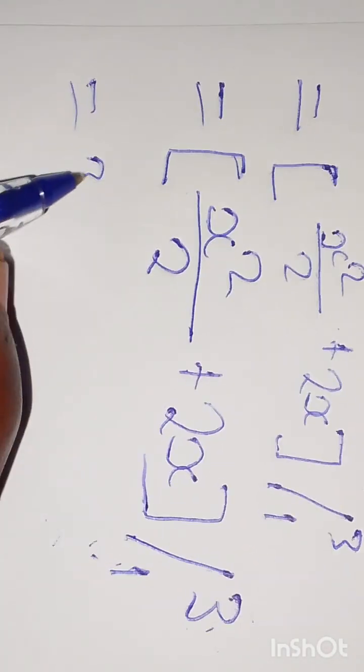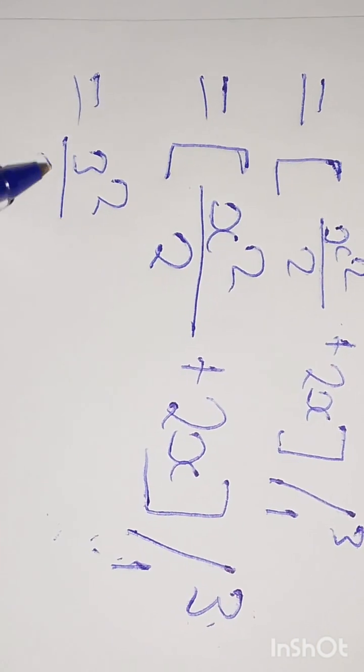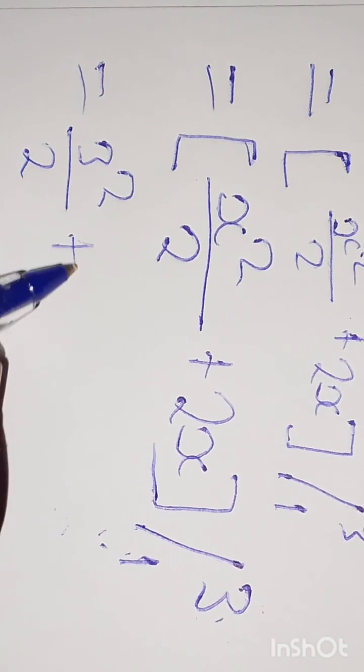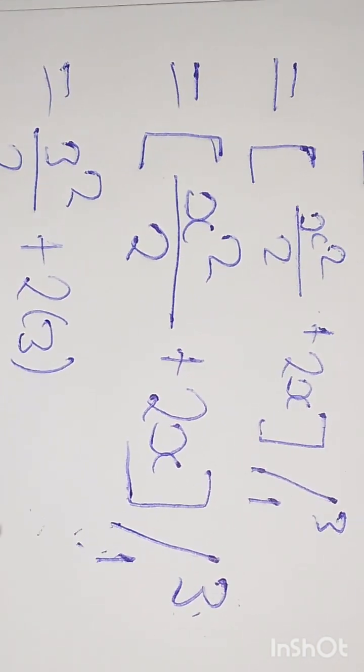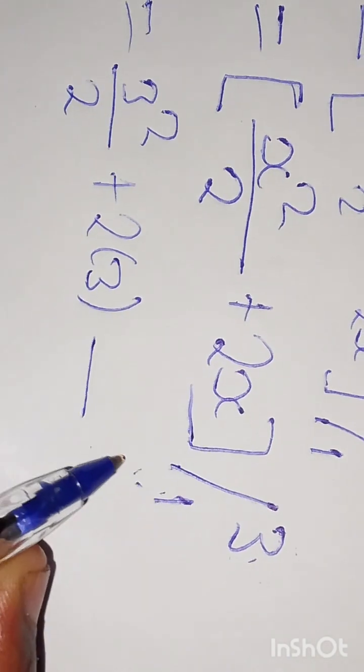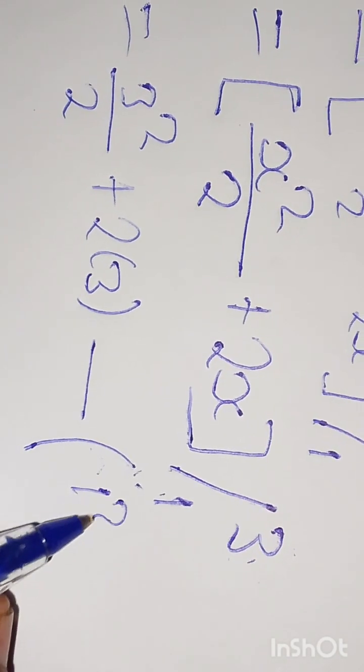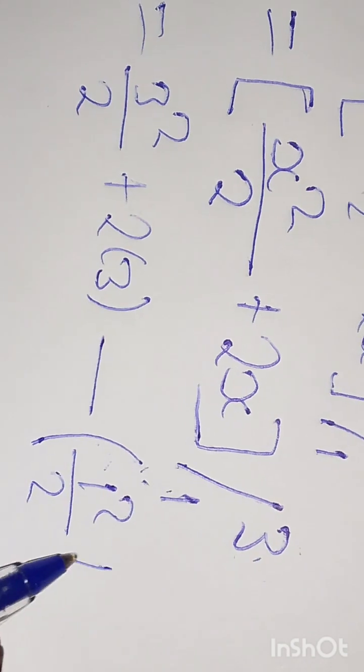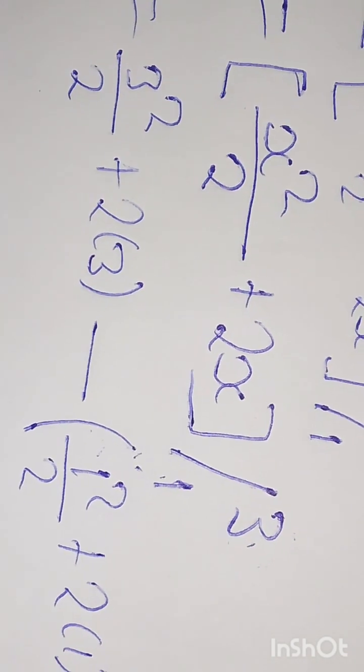So it's 3 squared over 2 plus 2 multiplied by 3, minus 1 squared over 2 plus 2 multiplied by 1.